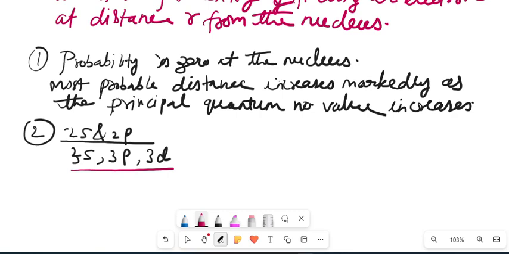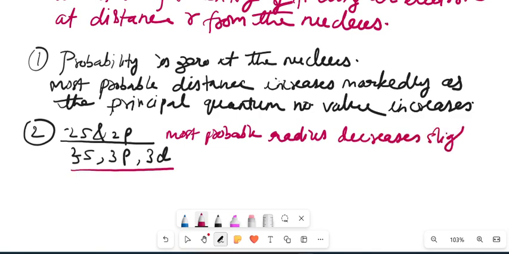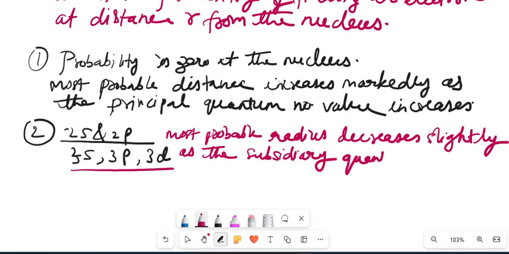So in both cases, the most probable radius decreases slightly as the subsidiary quantum number increases. Subsidiary quantum number means L, the value of L.